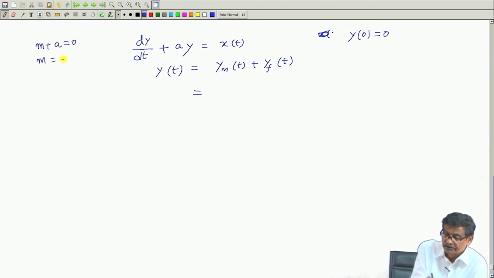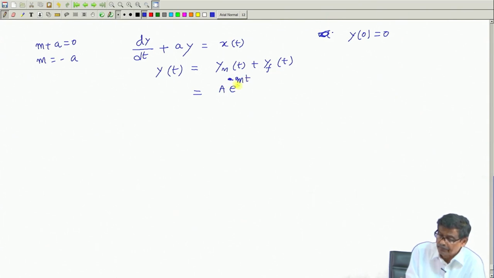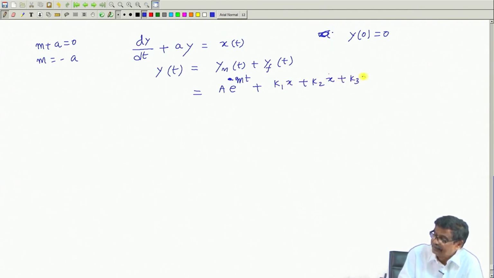You find this constant and say that it is A into e to the power minus m t, where m is equal to minus a, that is all, plus the solution due to the forcing function, which will be k 1 x plus k 2 x dot plus k 3 x double dot, a linear combination of x and its higher order derivatives.